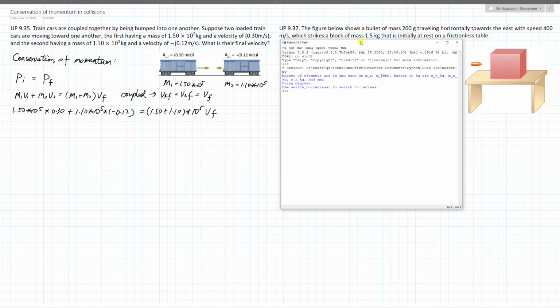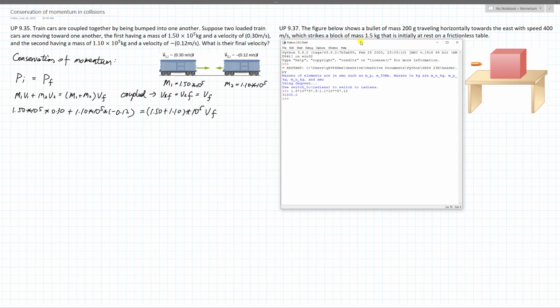So 1.5 times 10 to the fifth power, so 10 raised to the power of 5 times 0.3, and there's a negative 1.1 times 10 to the fifth power times 0.12. So this is the left side.